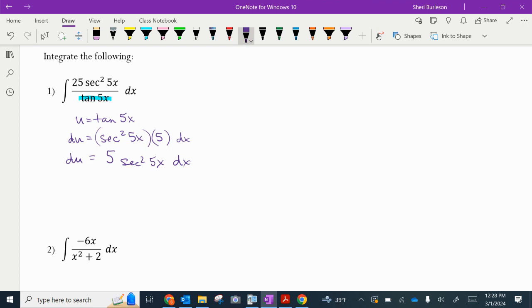Who of you in here are looking for the du in the original integral? Is that the majority of you? So how did I handle it that way with this one? Because I have 25 secant squared 5x, not 5 secant squared 5x.